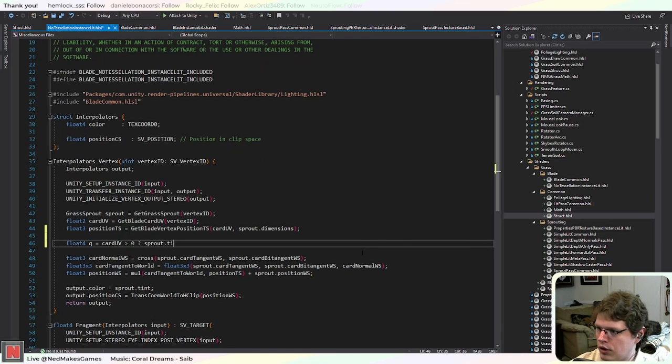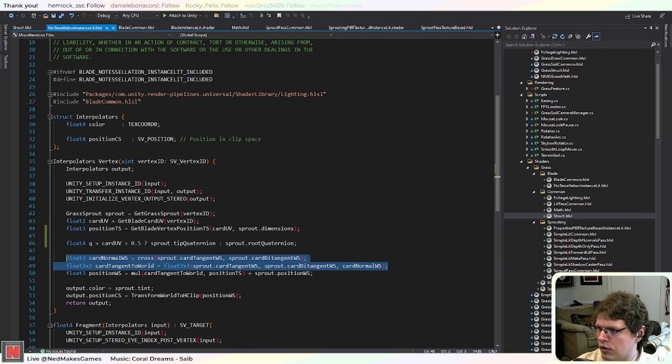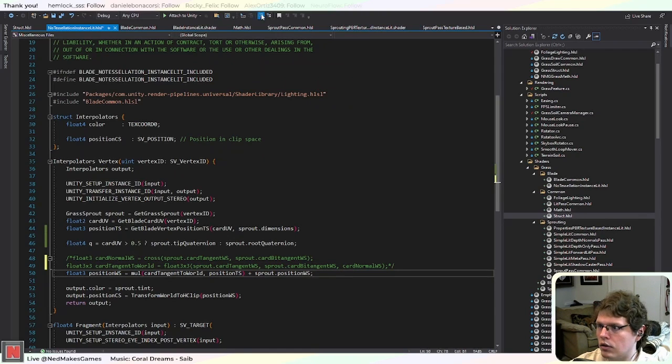Root dot tip. So something like that. And then I'll just keep this for now. And I guess this part.